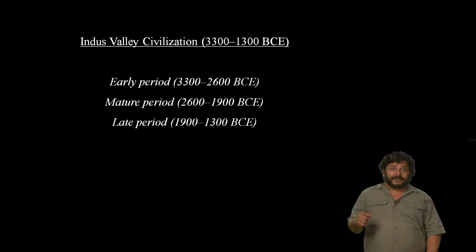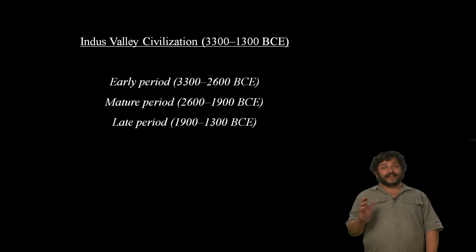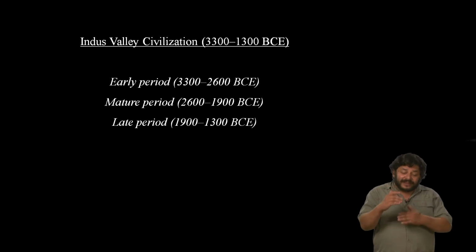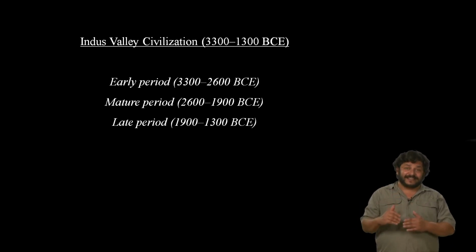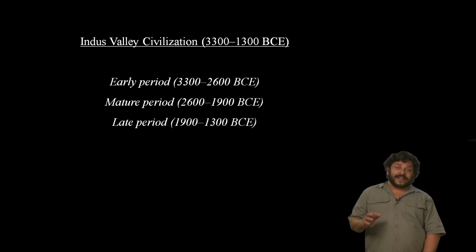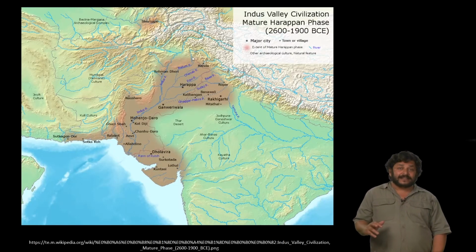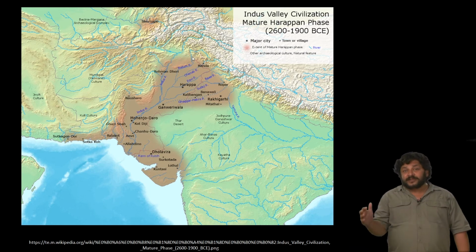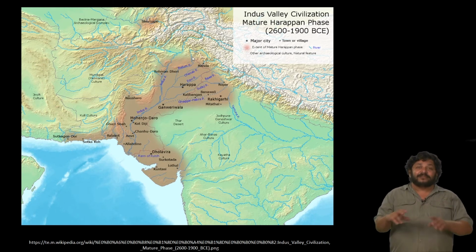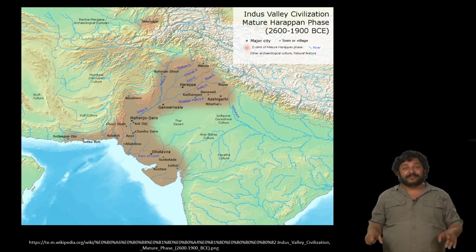But to begin with, we have to start with the Indus Valley, a civilization which is divided into 3 even phases: early, mature and late. The Indus Valley is characterized by a uniformity of measures and standards that you find across a very large area.